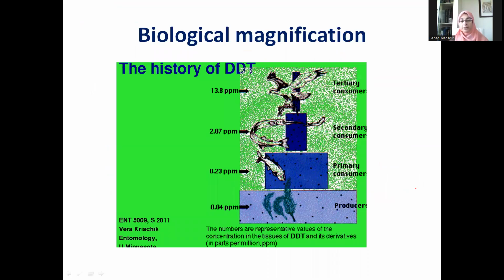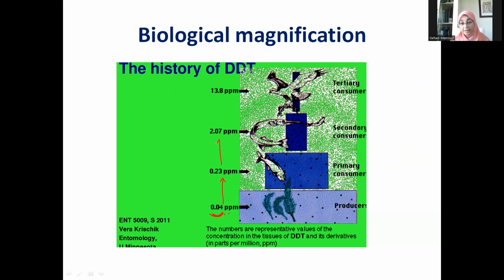So this is a slide that shows biological magnification. These are parts, ppm stands for parts per million, okay? So here the concentration of the DDT in the green plant was only 0.04 parts per million, and then in the second trophic level it was almost, not exactly, of course, 10%, but it has been magnified like 5%.